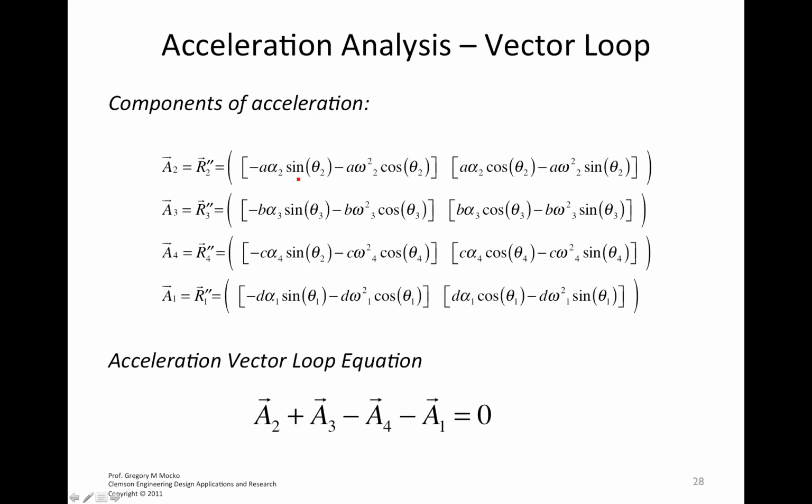So we take the components of our acceleration, x component again, and y component, and we can take our acceleration vector loop equation, which is a2 plus a3 minus a4 minus a1. Again, this expression works for the diagram that I presented previously.